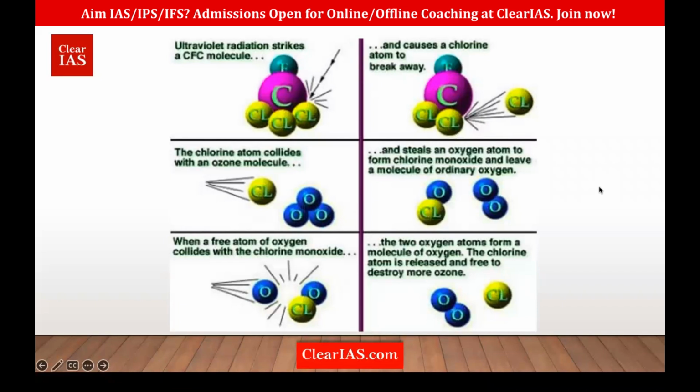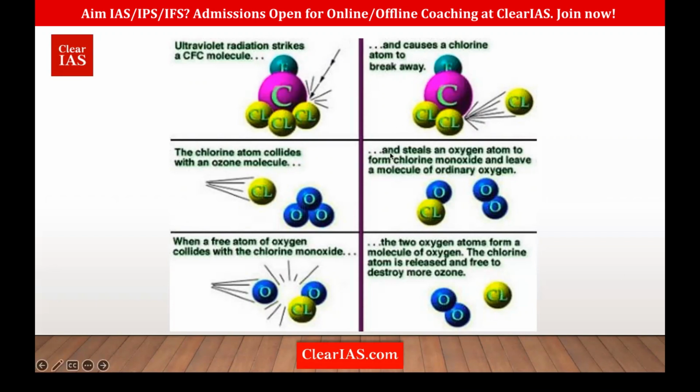First there is a CFC molecule. You have heard of CFC, chlorofluorocarbon. This is a man-made compound emitted especially from sources such as refrigerators, air conditioners, etc. This molecule rises up and reaches the stratosphere.